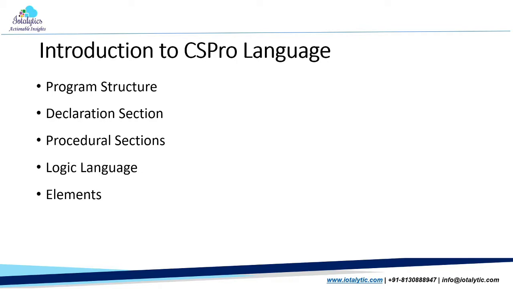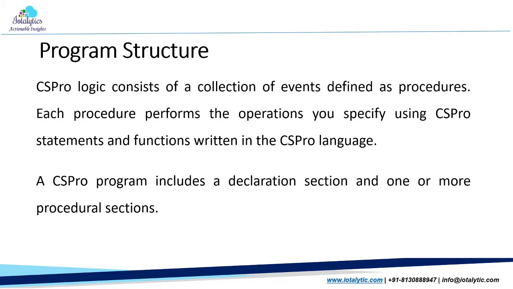The CSPro structure is consistent, and each procedure performs an operation using a CSPro statement or function written in the CSPro language. Whenever you want to give skip patterns or some kind of error message, that is basically the program structure.